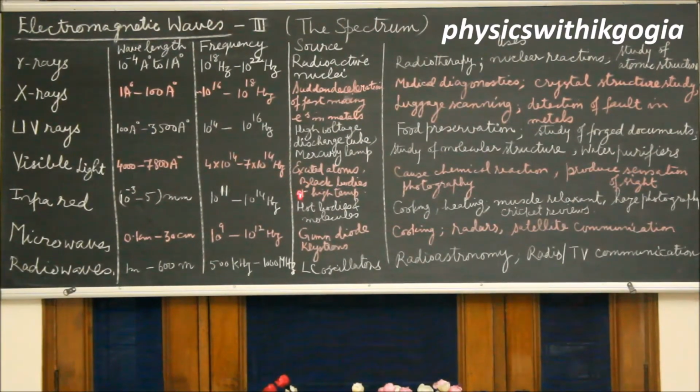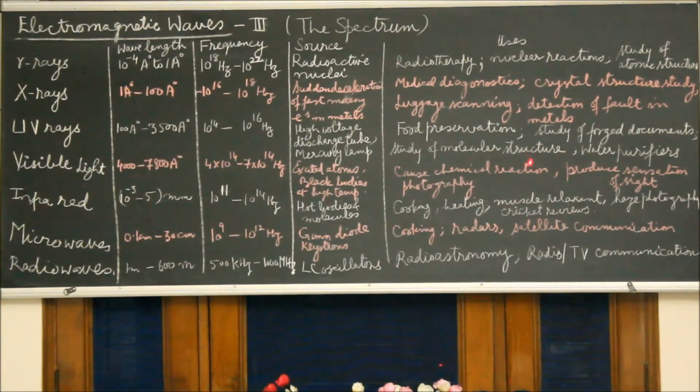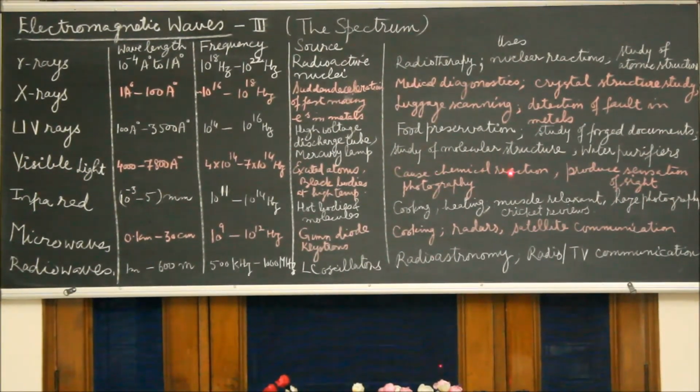Black bodies at suitably high temperature also emit visible light, and metals, for example a tungsten filament heated to incandescence, also emit visible light. They cause chemical reactions. For example, photosynthesis is possible in the presence of light. They produce the sensation of vision, that is, help us to see the world around us, and are also used in photography.